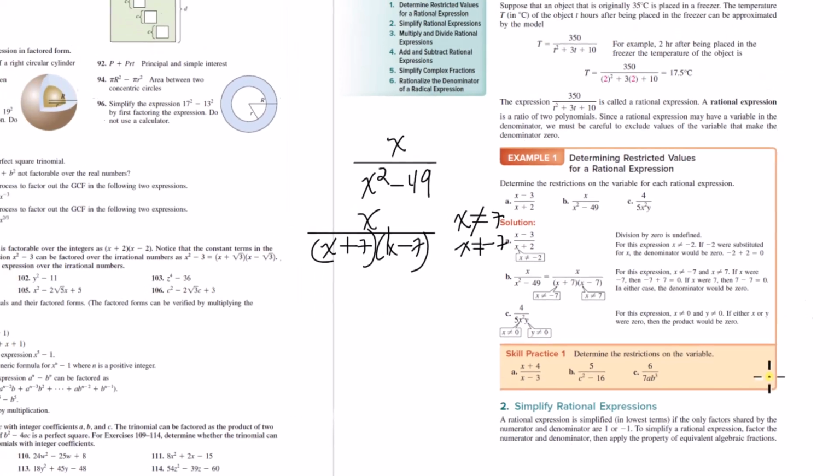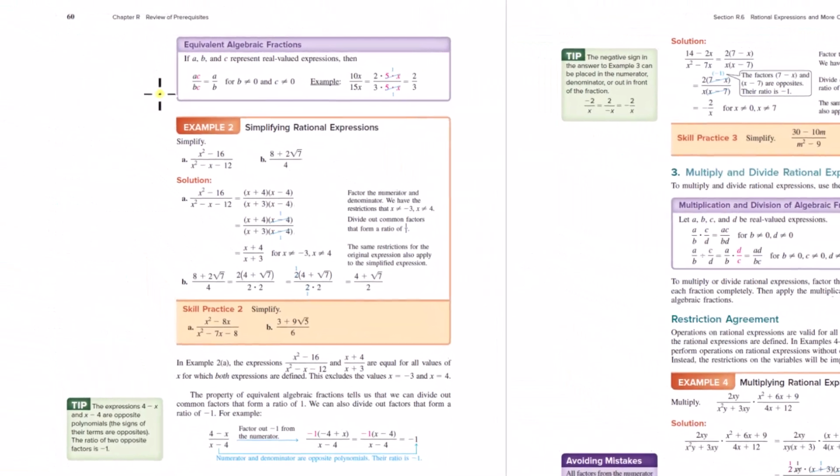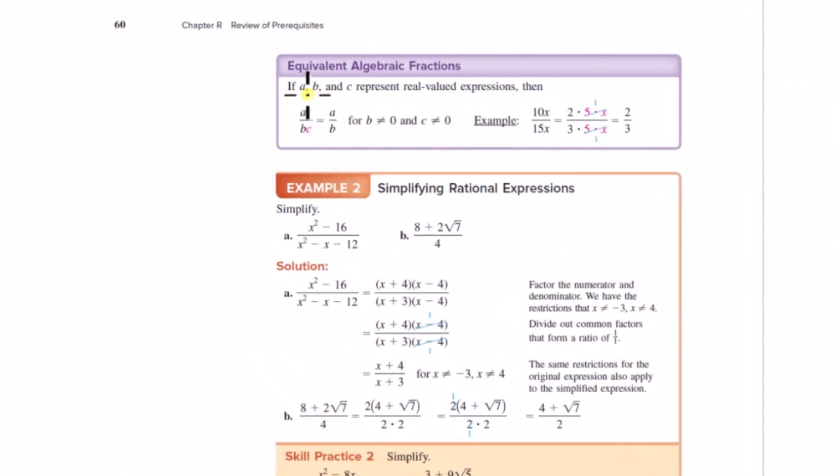fractions. Okay, so equivalent algebraic fractions. That's just saying how you can cancel common factors in the numerator and denominator. If you have AC over BC, well, then you can do this. That's what it's saying. And it's the same idea when you have 10x divided by 15x.